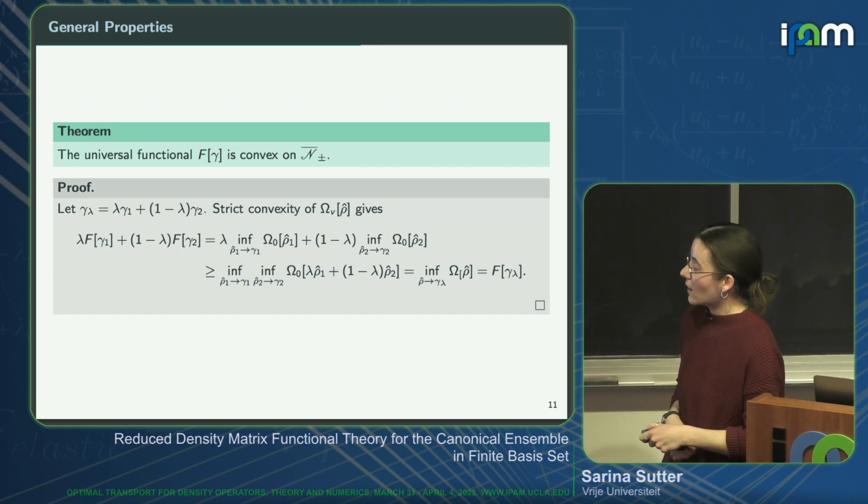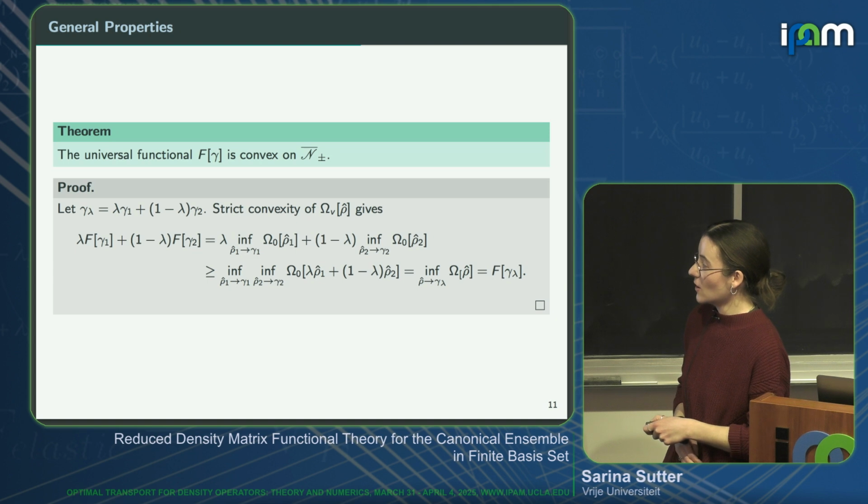And then if we compute this expression here, we just use the definition of our universal functional, where first we have an infimum over density matrix which produces the first 1-RDM, and then we have an infimum over density matrix which produces the second 1-RDM. And in this step we use the strict convexity of our Helmholtz functional to get this expression here.